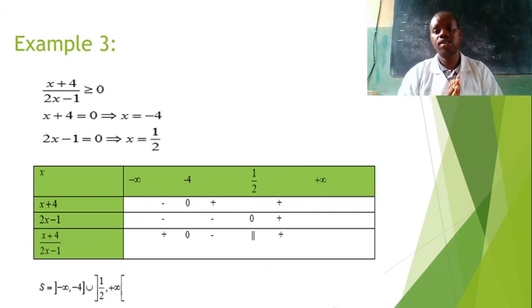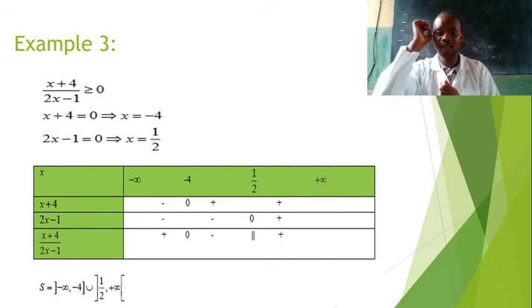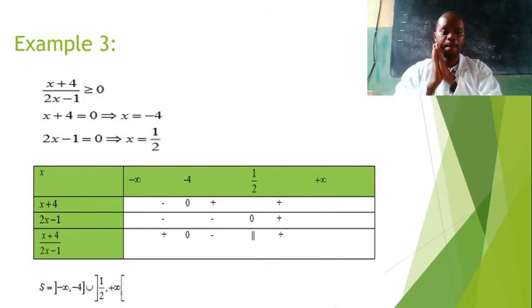Remember that the product of the same signs will give you positive, and the quotient of the same signs is always positive. That is why minus over minus will get positive.